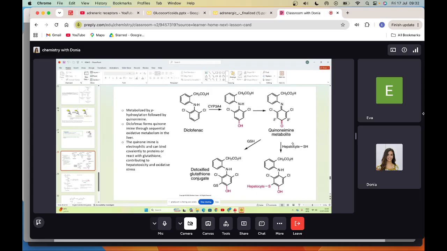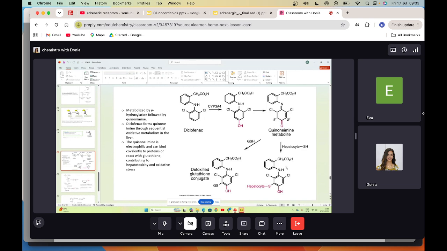This SH means it's a cysteine. This is a part of the cysteine amino acid in proteins inside your liver. So if this electrophilic center binds to proteins of the liver, this would cause toxicity to your liver. That's why we say that it is hepatotoxic.